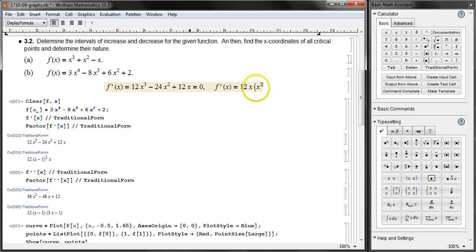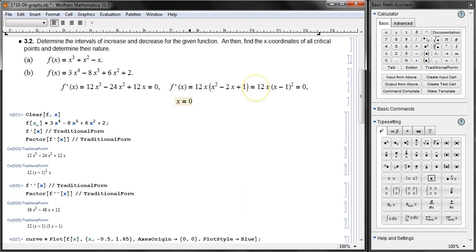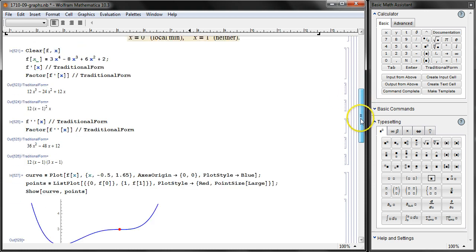We have x squared minus 2x plus 1, which is 12x, x minus 1 quantity squared. Setting it equal to 0, you're going to get x equal to 0. As you saw, this was a local minimum, and x equals 1. You saw neither maximum nor minimum. That's down here.